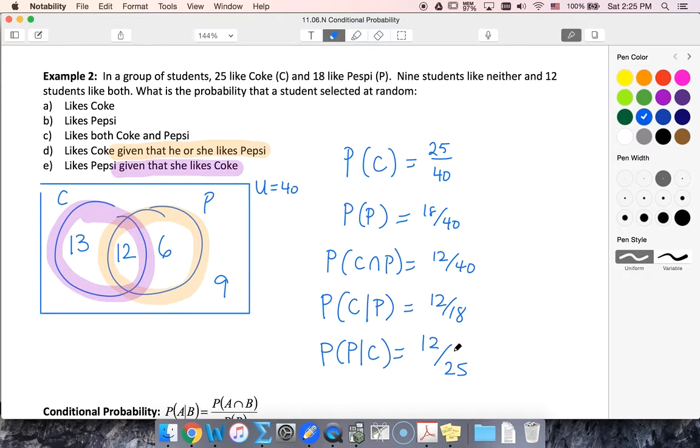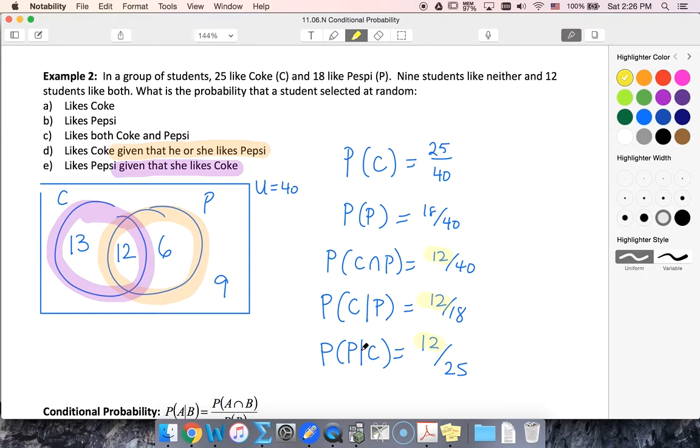So I want you to notice here what sort of patterns we see. I see on top that my 12 occurs in both my intersection and my givens. In my Coke, Pepsi, and intersection, my denominator was always 40.